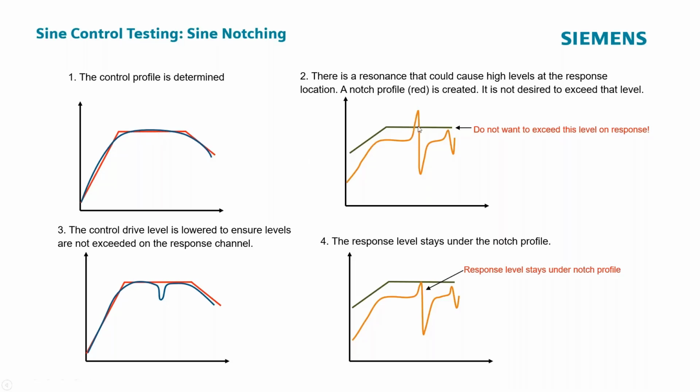So what notching does is recognize that you're going over this limit that you set in the software for your notch channels, reduces the drive at that frequency, and then you have a response that's going to stay underneath the notch profile. So that's notching in a nutshell.